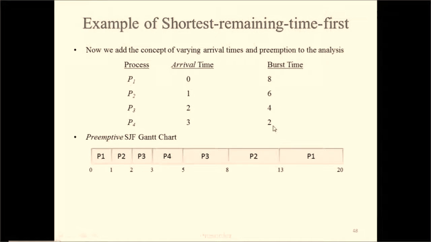P3 and P4 are yet to arrive. So the scenario at 1 unit of time is P1 7, P2 6. Obviously, since it is shortest remaining time first, according to this algorithm P2 with 6 will be scheduled onto the CPU, and P2 will continue to use it for 1 unit of time.